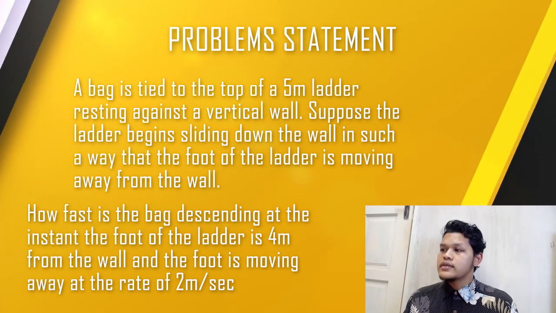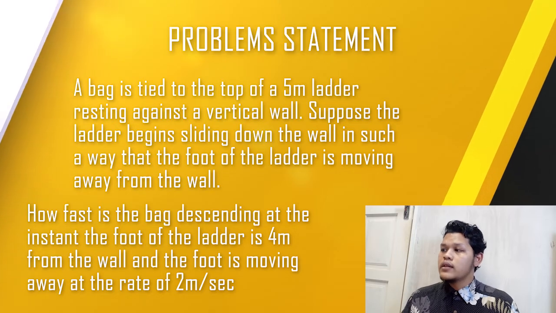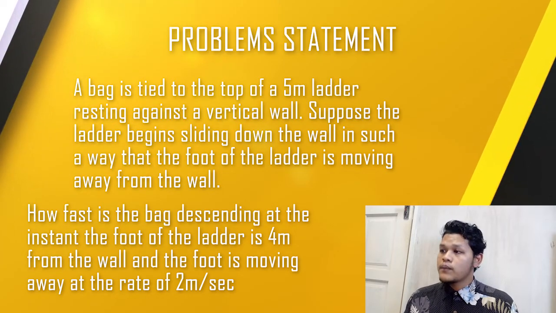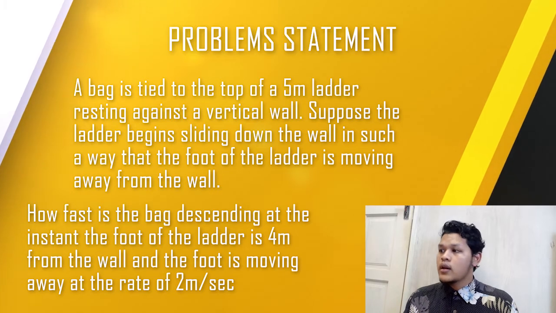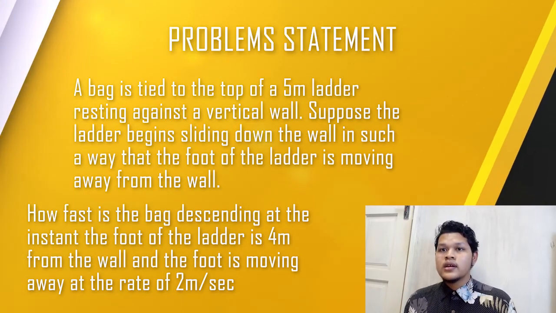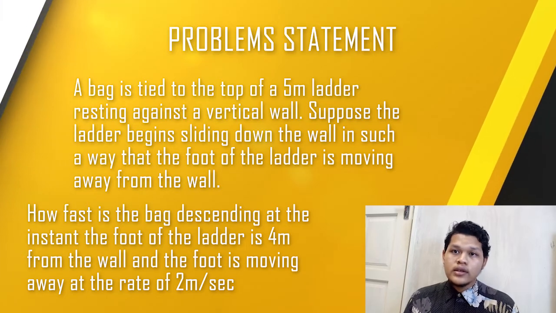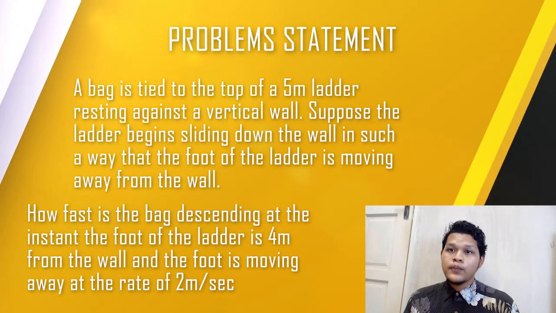How fast is the bag descending at the instant the foot of the ladder is 4 meters from the wall, and the foot is moving away at the rate of 2 meters per second? So that is the situation that requires the related rates method to solve. To see how we solve this problem, let's move on to Falik to see the calculation method.